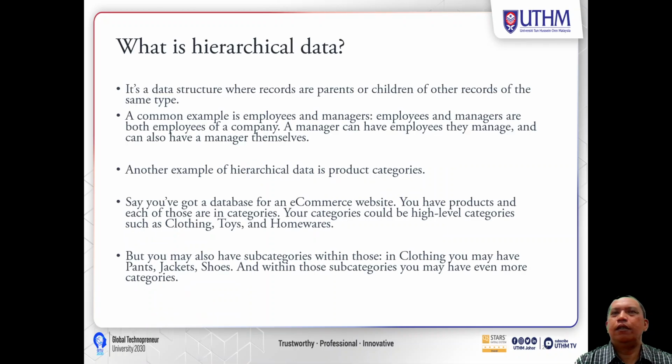Let's take a look at what hierarchical data in a relational database is. It's a data structure where records are parents or children of another record of the same type. Remember, you already learned data structures and object-oriented programming. The concept is still the same.